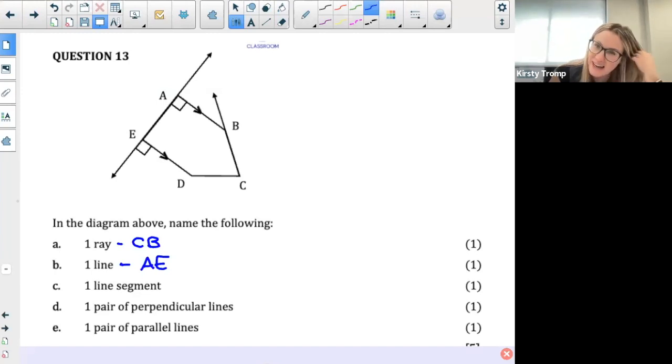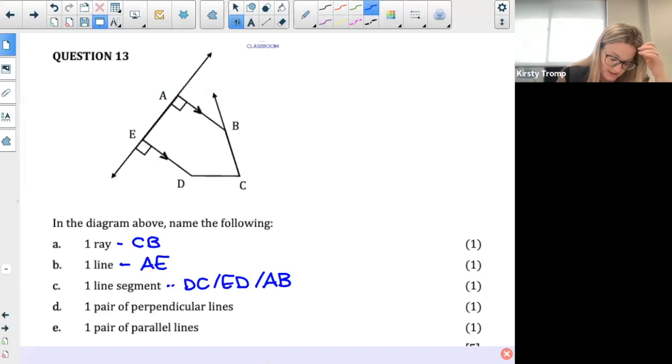So, Tarjane, this is where you were right. A line segment, just like you said, is going to be DC. Could we have some more line segments there? Of course we can. We've got DC, we've got ED, we've got AB. All of those are line segments.